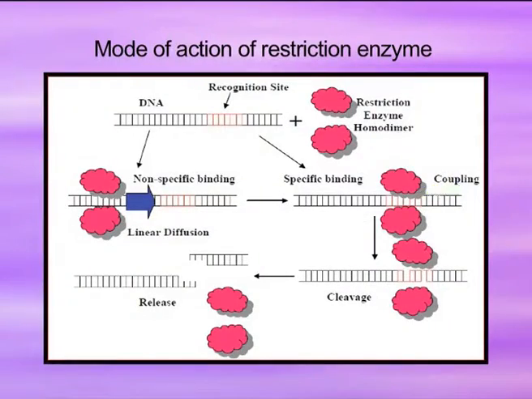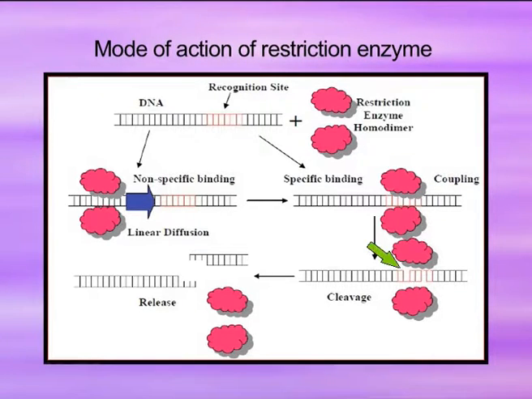Now let us move to the other types of restriction enzyme. Before that, let us discuss how the restriction enzyme acts. First, the restriction enzyme randomly binds with the DNA sequence. Now as it slides along the double-stranded DNA molecule, when it comes across the recognition site, it binds very tightly to the DNA sequence with the help of hydrogen bonds.